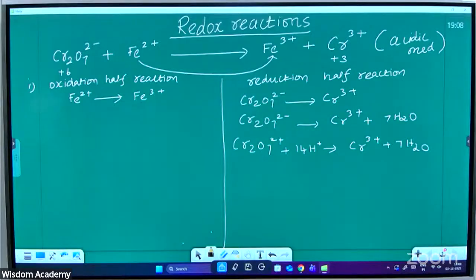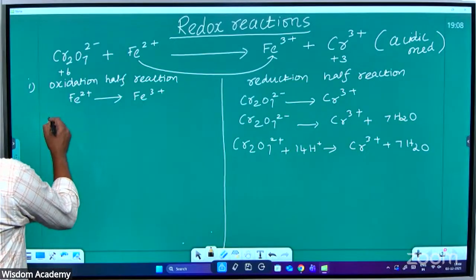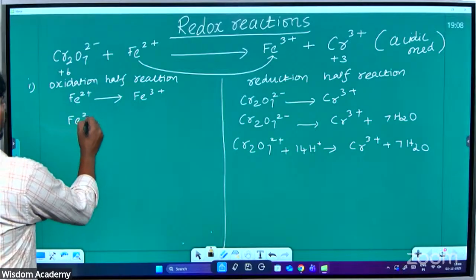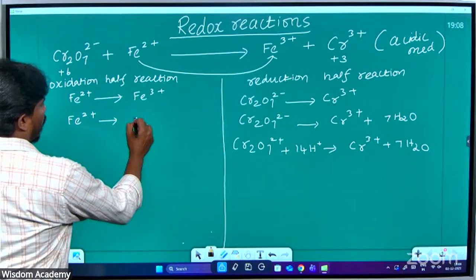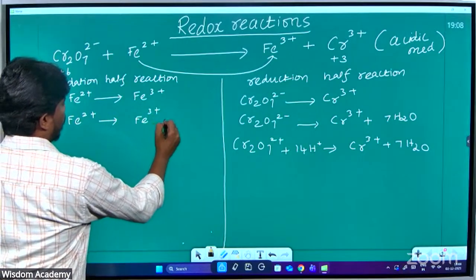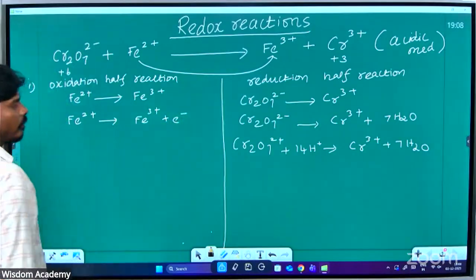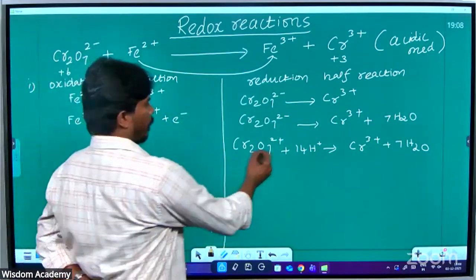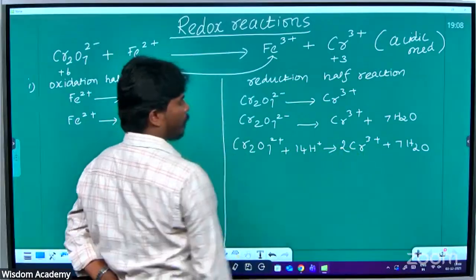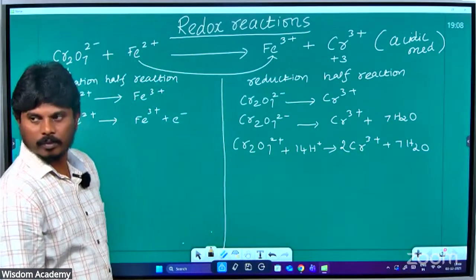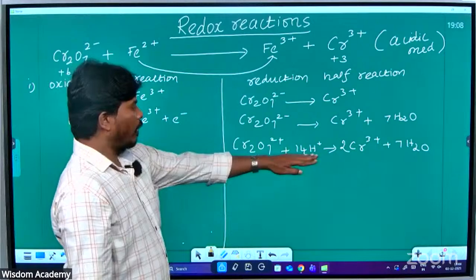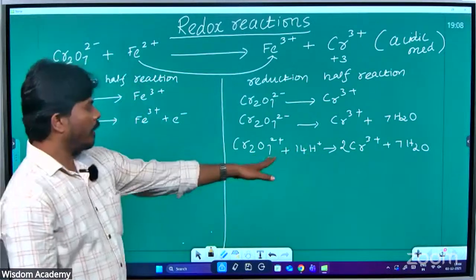What is the next step? Indicate the electrons. What is the electron involved here? Fe2 plus oxidized to form Fe3 plus plus electron. Here, there are 2 chromium participated. What is the electron difference on both sides?